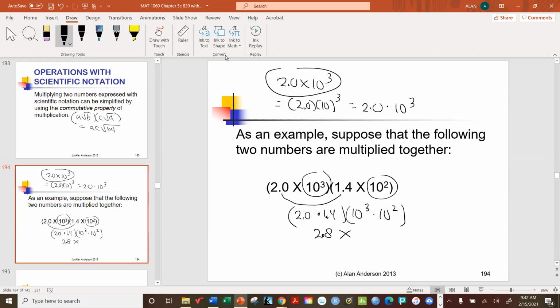And remember, from the product rule, we add these together. Not 10 to the 15th, 10 to the 5th. So I multiplied the two constants, and then I've added the exponents because we have the same base, and that's my result.